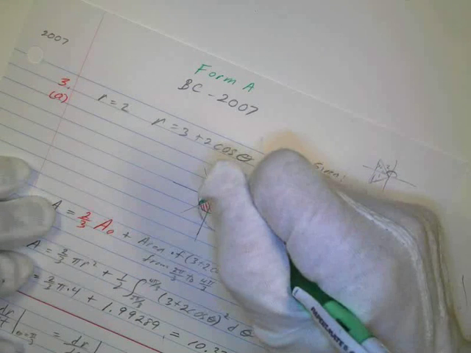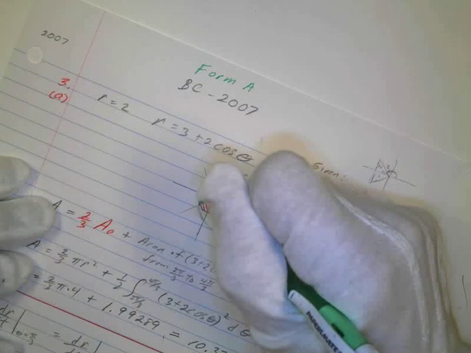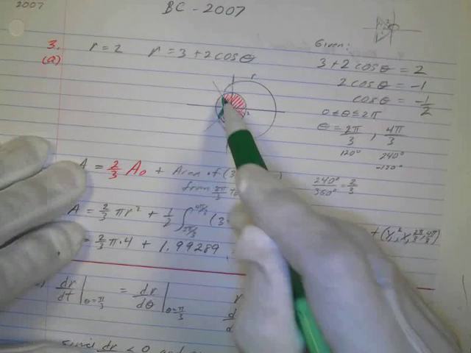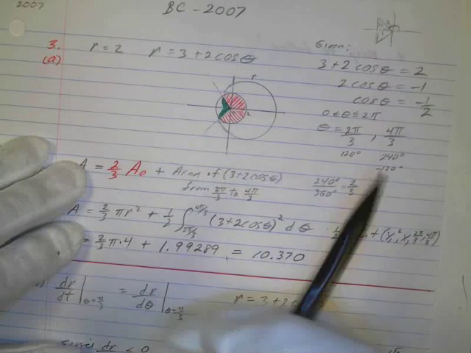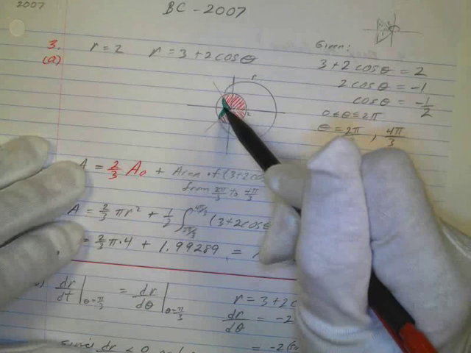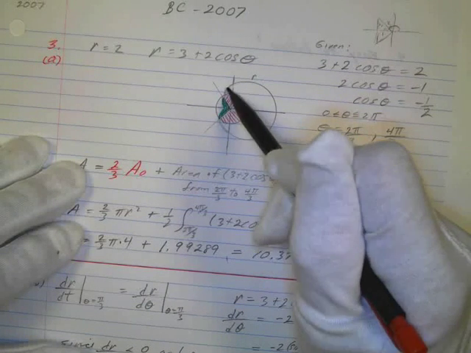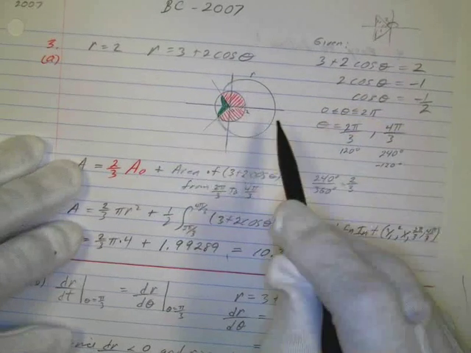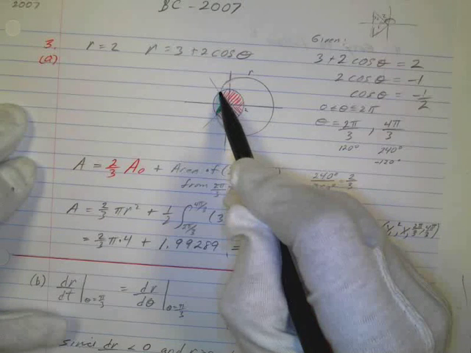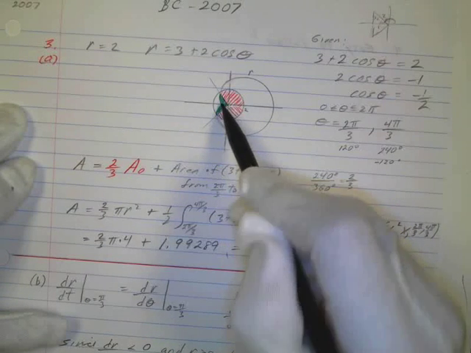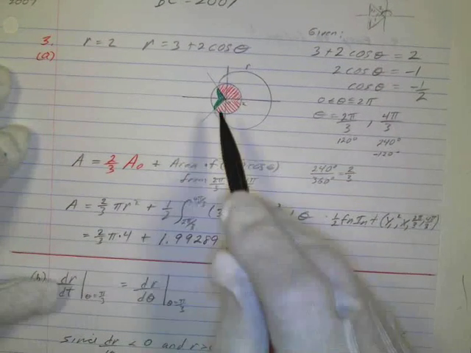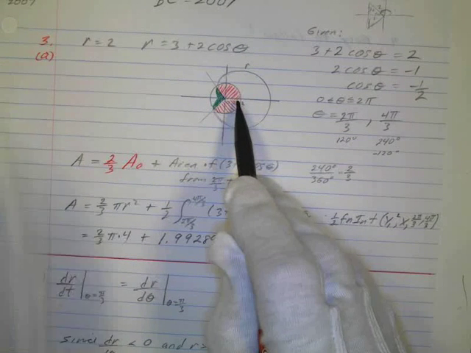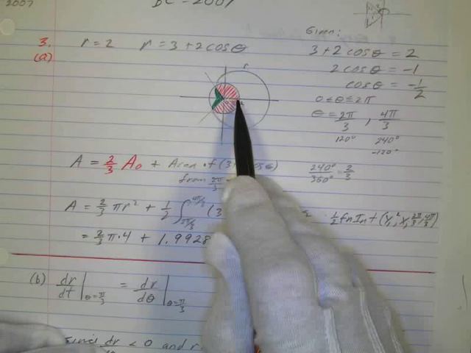Hope you can see that now better. That's part of the cardioid. See, the cardioid goes from here, right there, all the way around like this, and back over there. So the part of the cardioid from 2 pi over 3 to 4 pi over 3 is just that little green section.